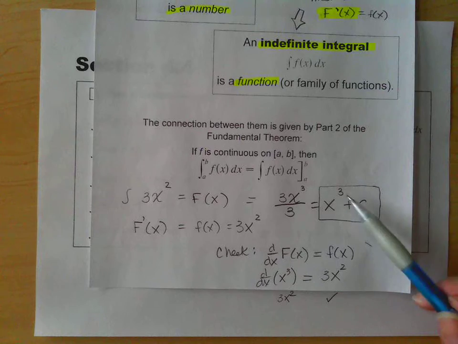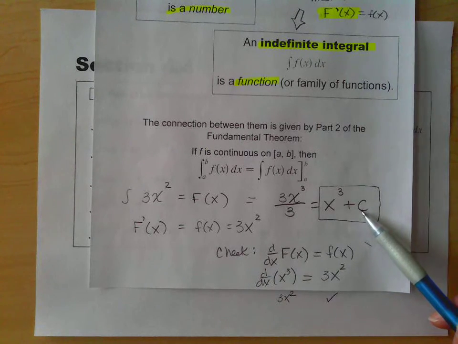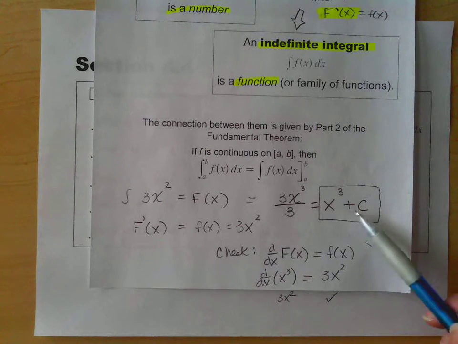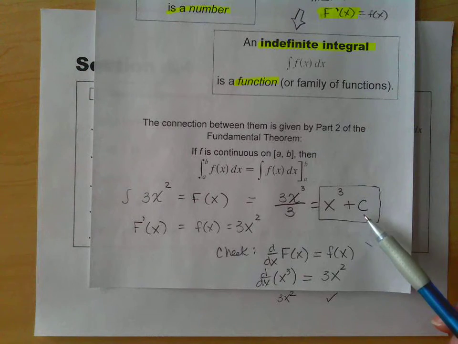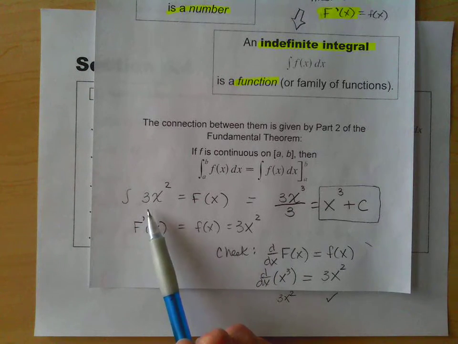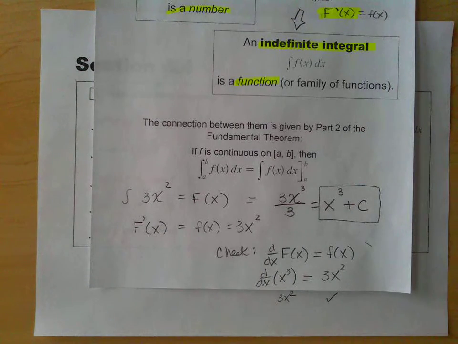X cubed plus 2, the derivative is 3x squared. X cubed plus 7, the derivative is 3x squared. So I'm going to put the C in to account for that. I would need another piece of information about our function if I wanted to get one specific function.